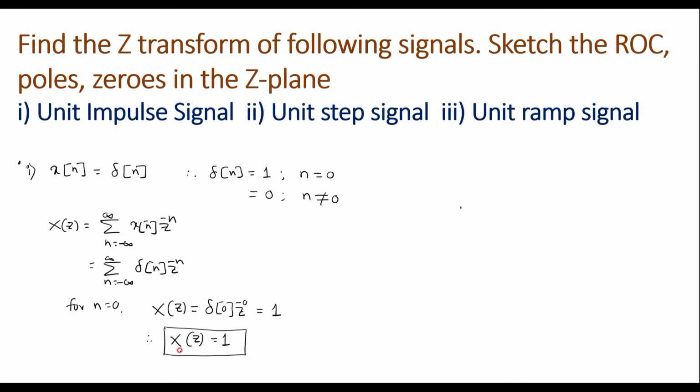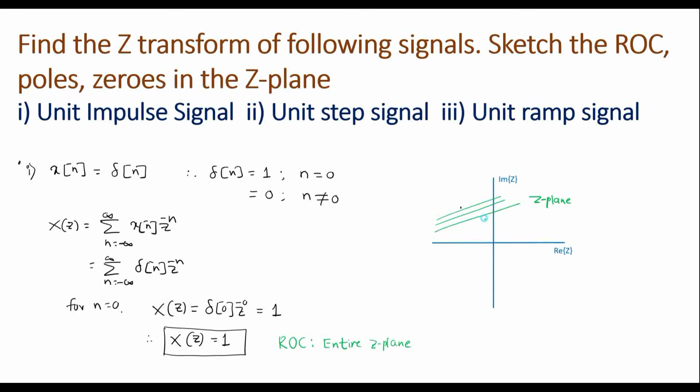We'll try to plot the ROC now. So let this be the z plane. This is the real axis of z and this is the imaginary axis of z. Here the ROC is the entire z plane.